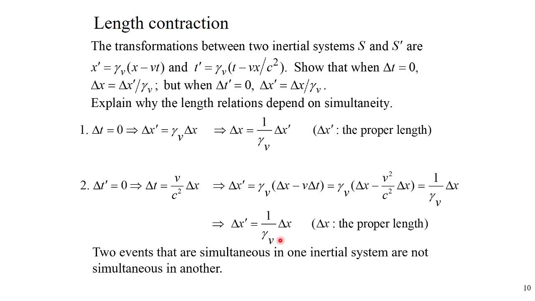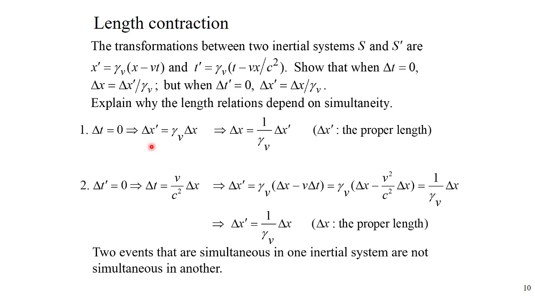So in two different systems, the length is different. Two events that are simultaneous in one inertial frame are not simultaneous in another. That is, if we have two frames and we want to measure the length, we need to measure at the same time.